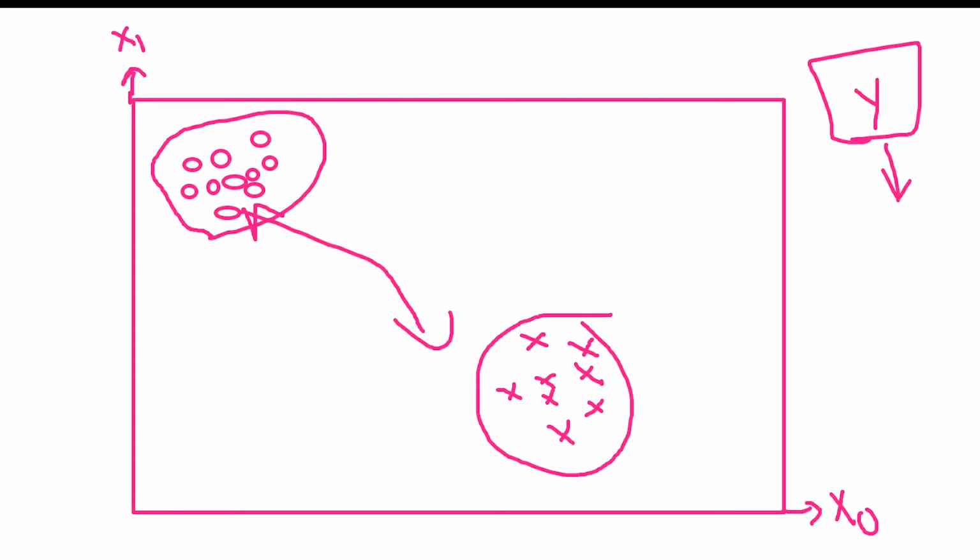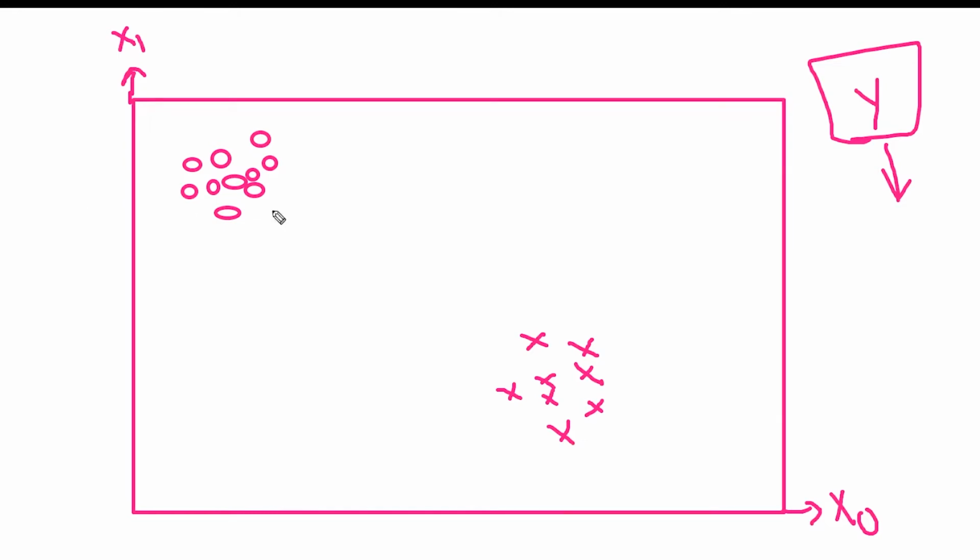So in k-means, what we are going to do is assign two random points in the graph. Okay, and then we are going to find the distance of every point from these points.